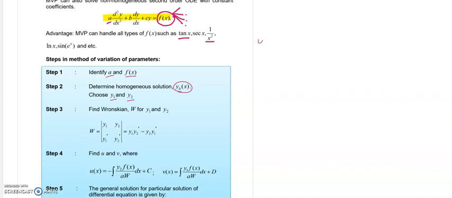If our y_h is A e^(m1 x) plus B e^(m2 x), then y1 should be e^(m1 x), and y2 should be e^(m2 x). This is how we choose y1 and y2. You can see that in y1 and y2, we ignore the constants A and B.